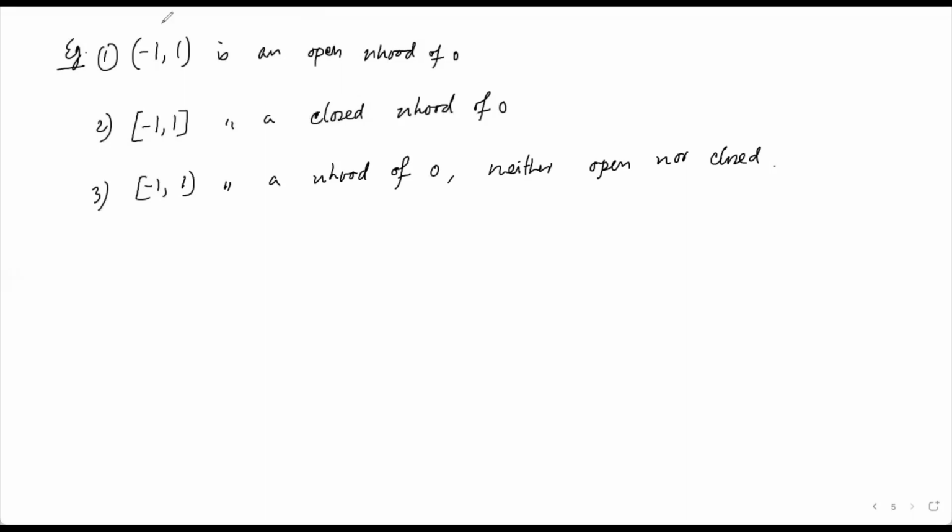Here the metric space is R with the Euclidean metric on the set of all reals.